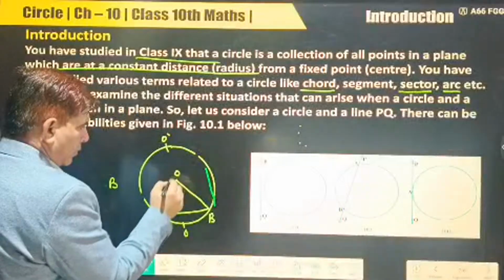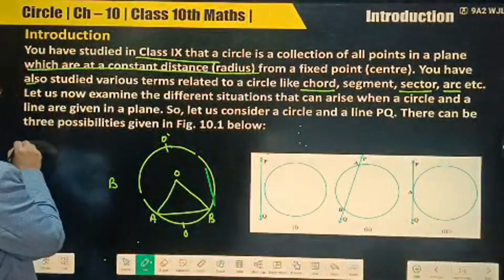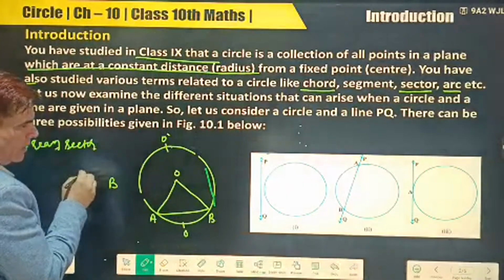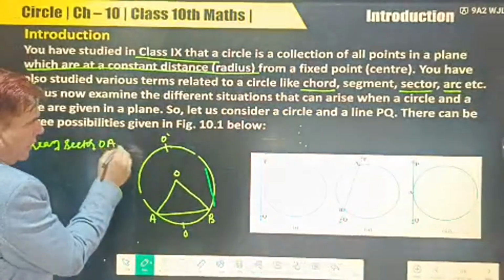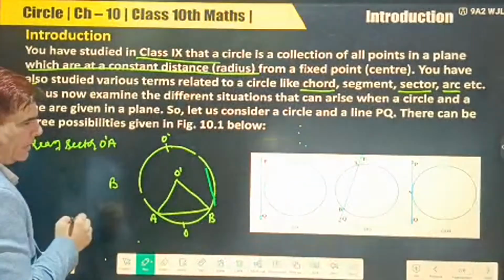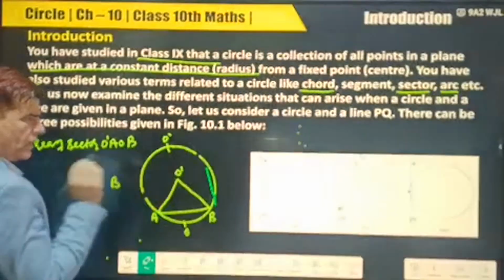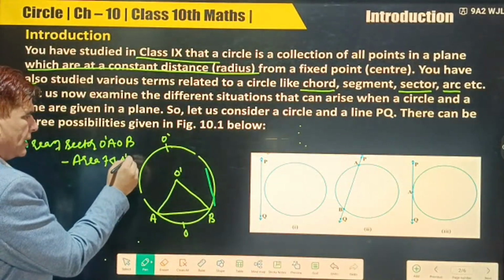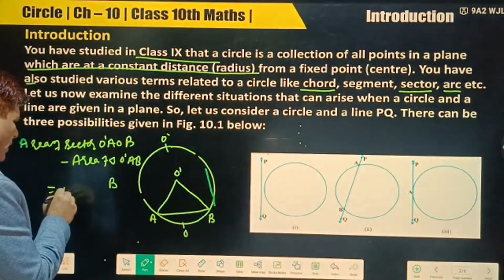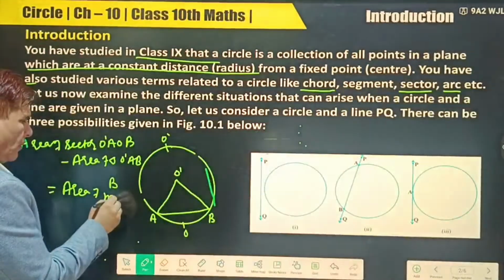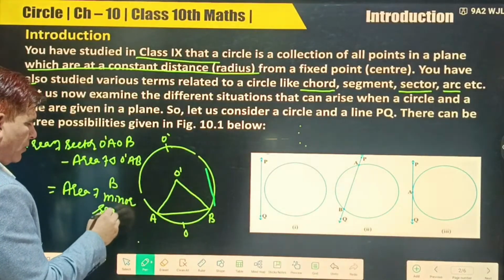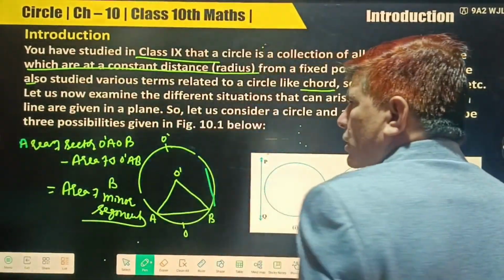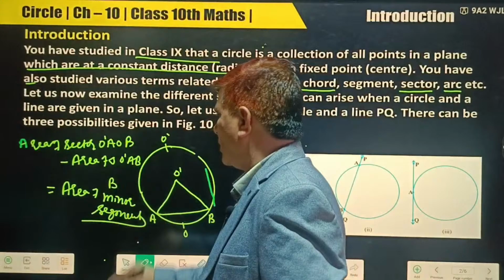So if we find the area of the sector O dash A, O B, this sector, minus the area of triangle O dash A B, what is left? The area of the minor segment. Yes or no? Got it?